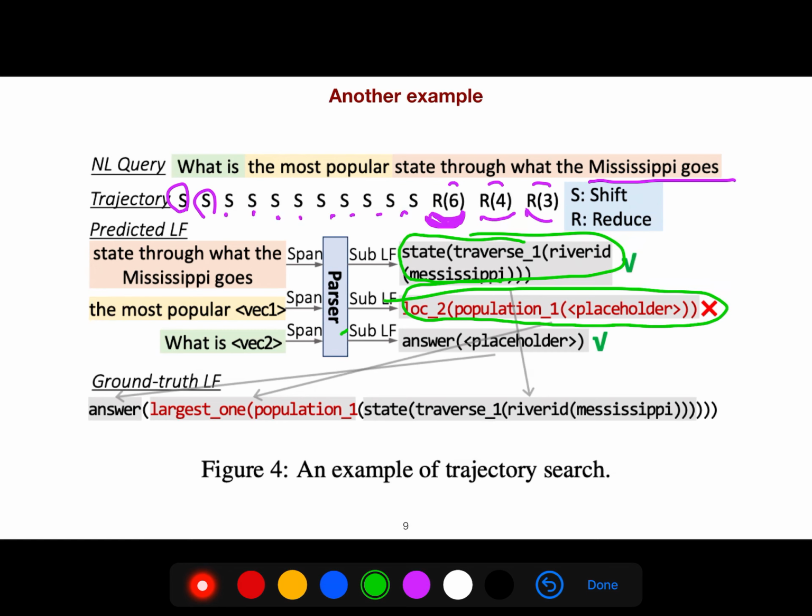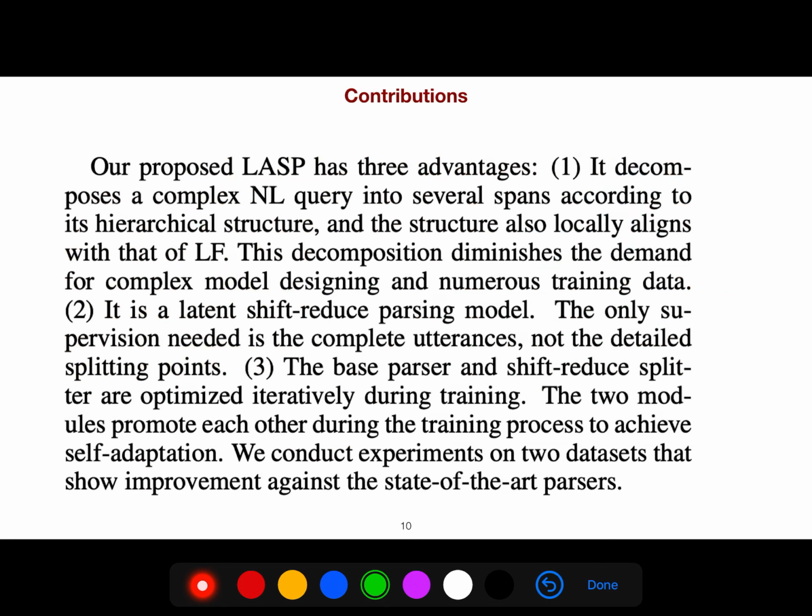But the important thing is the first module, which is the separator, the splitter, that separates some sequence of words from the rest of the words in the sequence, and does it recursively, like this. So the contribution is a latent shift reduce parsing module.